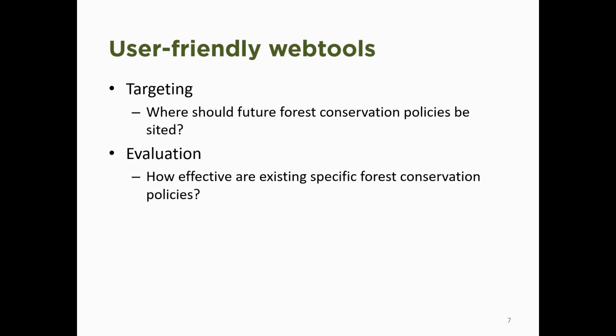So for example, how effective have protected areas in Costa Rica or payments for environmental services in Costa Rica been in stemming deforestation? The web tools are designed to be user-friendly and to have all of the requisite data on board.